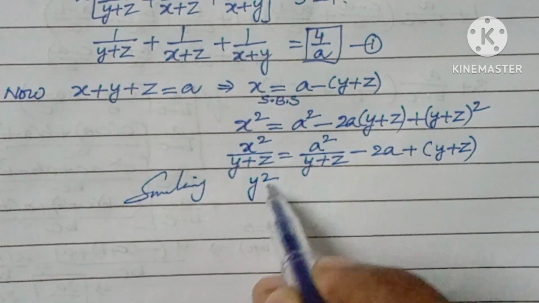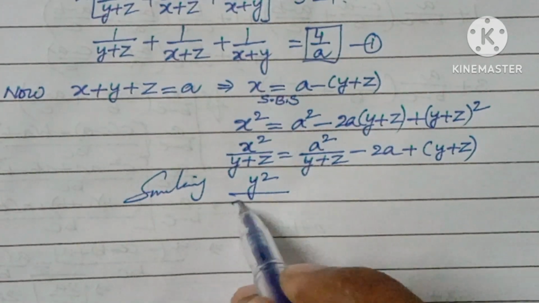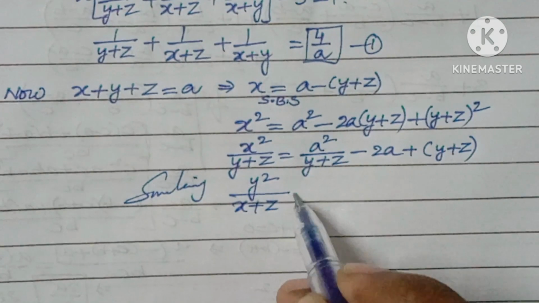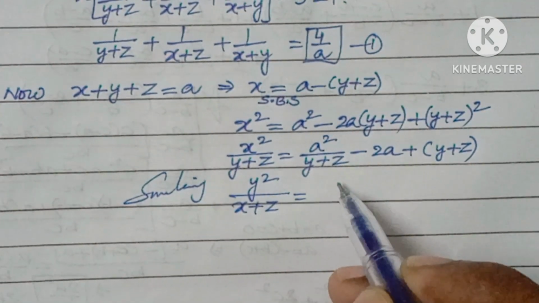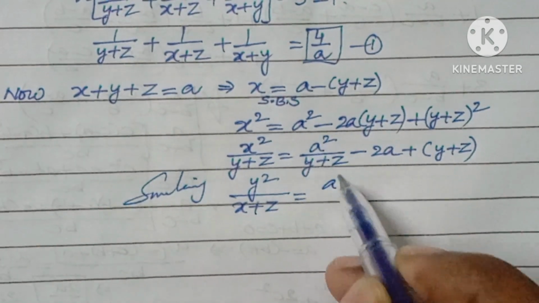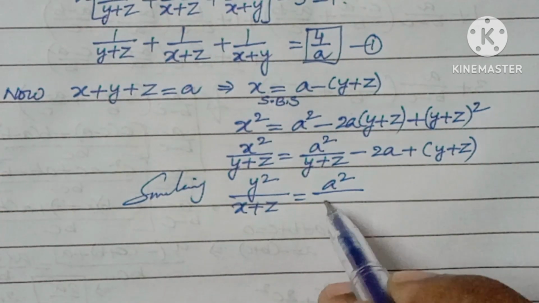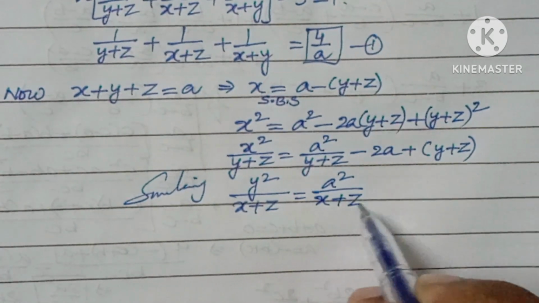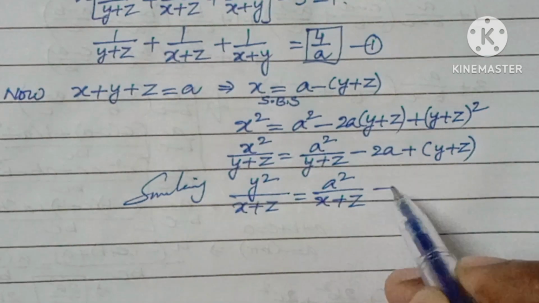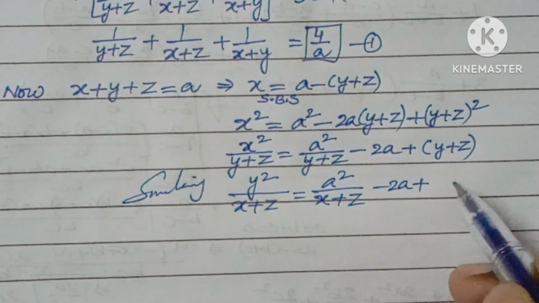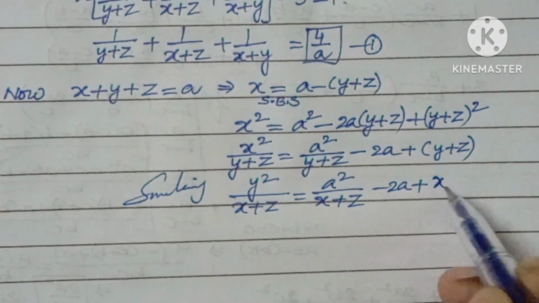Similarly, y square by x plus z is equal to a square by x plus z, minus 2a, plus x plus z.